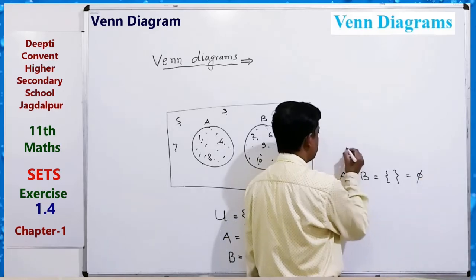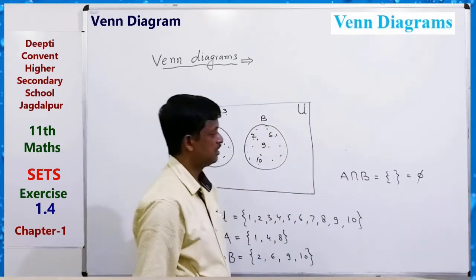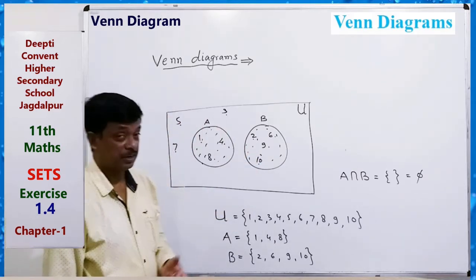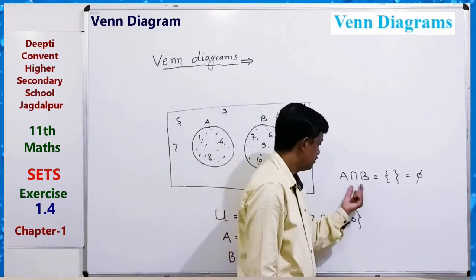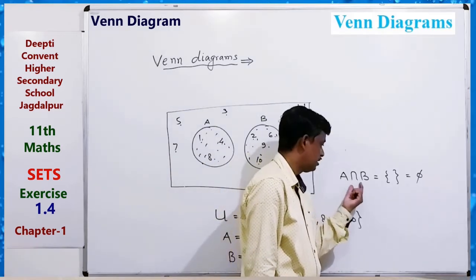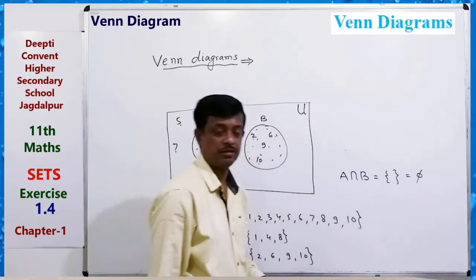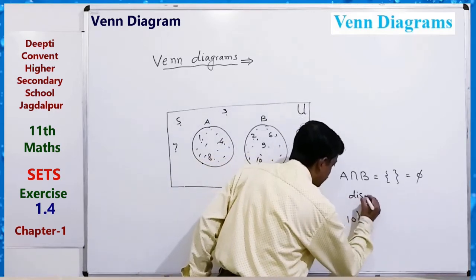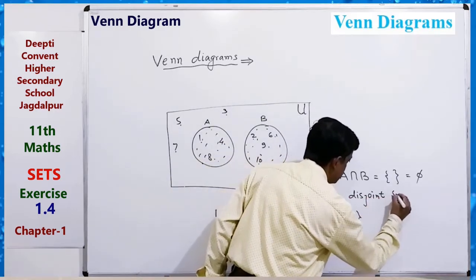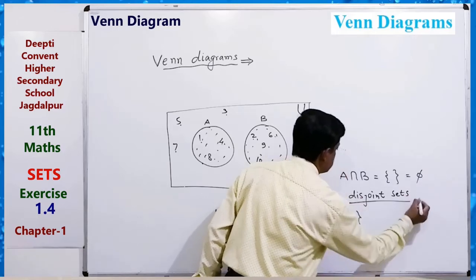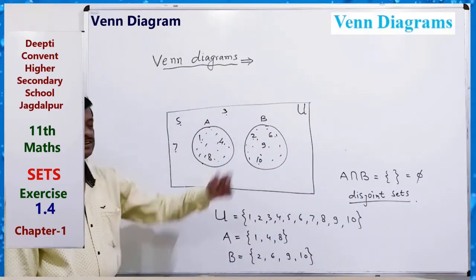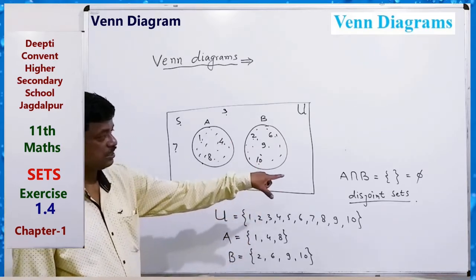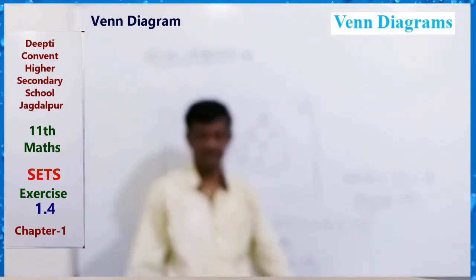That is, when the intersection of two sets is phi, phi means the empty set, then we say that the two sets are disjoint. Disjoint sets. Here these two are disjoint because they have no common point. So if the intersection of two sets is phi, that means disjoint sets.